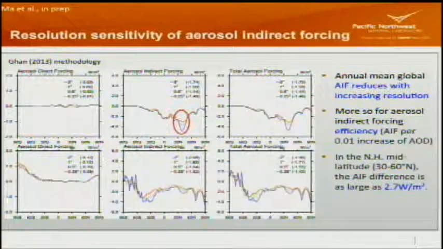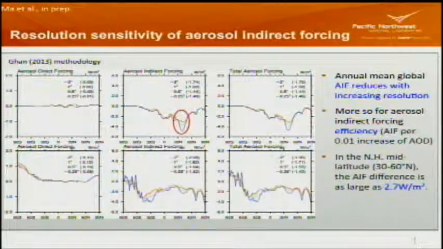And you can see the global mean value for the 2 degree model is 1.74 watts per square meter, and the difference between the 2 degree and quarter degree is only 0.3. It's really small, but the signal actually all comes from this mid-latitude area, and if you pay attention to this, this is actually scary.